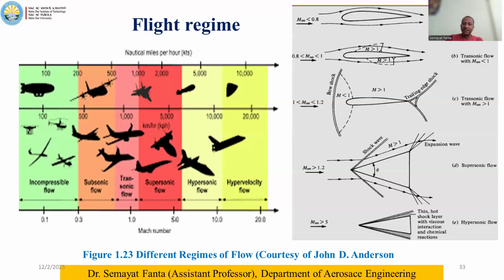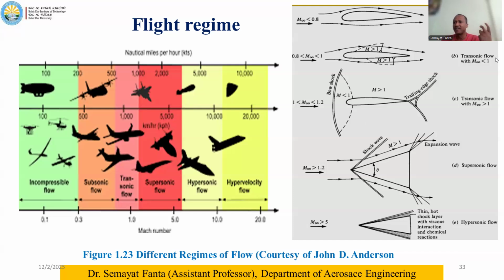Hypersonic flow is from that 5 point something up to 10 point something. Then beyond that, it is called hypervelocity flow. The yellow color indicates hypervelocity. So these are the regions. Actually, we call it the flight regions.